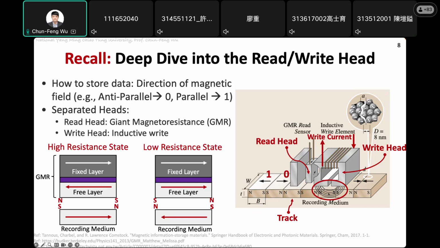This is also the reason why the write head is larger than the read head: the larger the magnet is, the larger the magnetic force it can get. With enough magnetic force, it will change the magnetic directions of the recording medium.